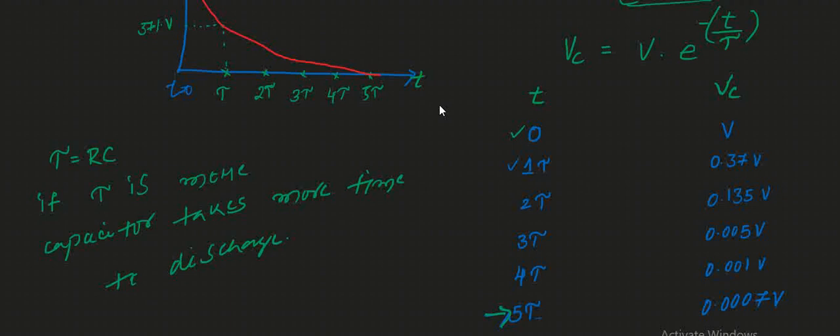While selecting any mobile phone, we select one which charges in less time and takes more time to discharge. If there is any mobile in the market which takes more time for charging and less time for discharging, nobody will prefer it. So that charging time can be controlled with the help of this time constant.